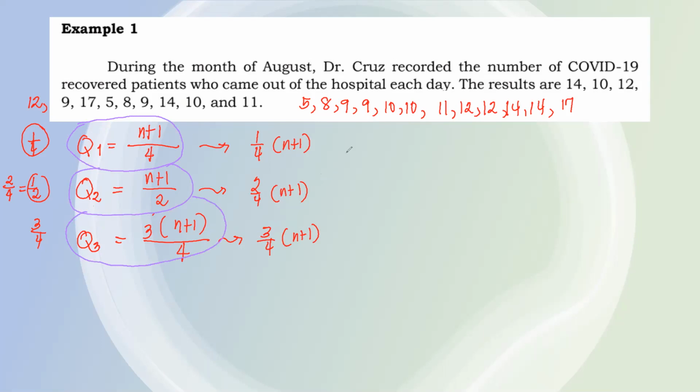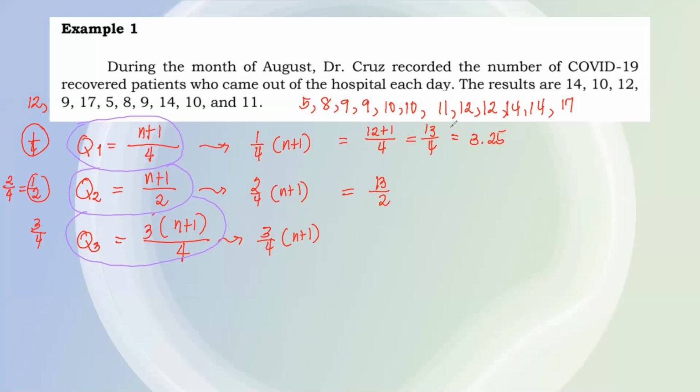Okay, next. So, try na natin i-solve yung ating Q sub 1. That is 12 plus 1 divided by 4. Paki-divide nga po. That's 13 divided by 4. 3.25.